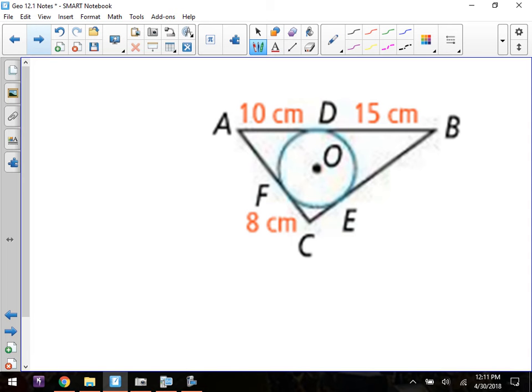So if I'm going to use that one to find perimeters, if I'm tangent at D, F, and E, how much is AF?